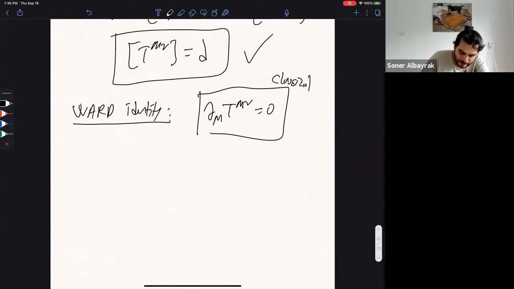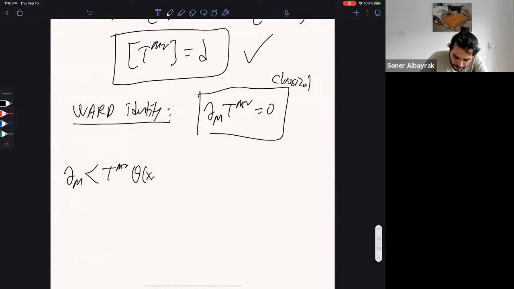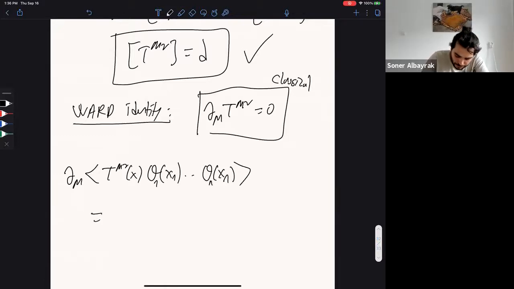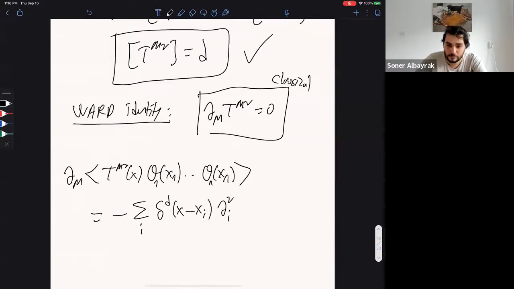Its quantum version basically says that if you have T mu nu in a correlation function, T mu nu of x, O1 of x1, through On of xn, and they don't need to be the same operators, then the divergence of this is equal to minus the summation over i of delta functions of x minus xi, times delta i nu, times the correlator of O1 of x1 through On of xn.